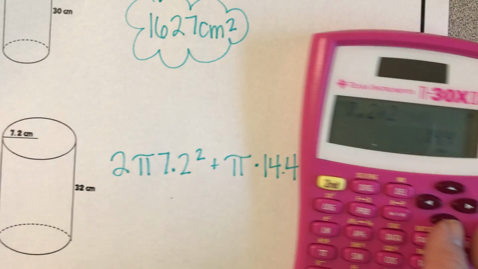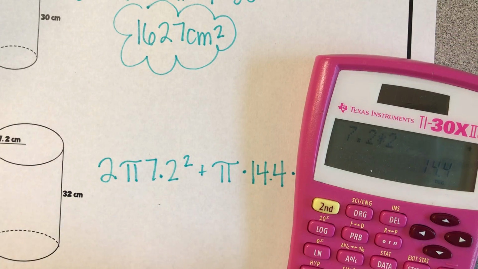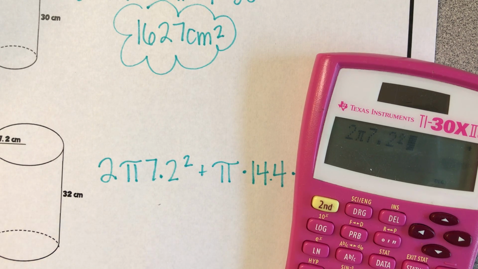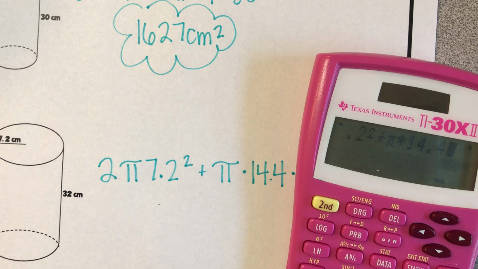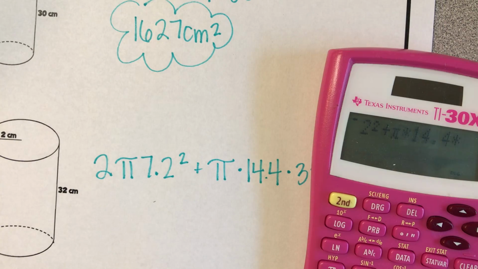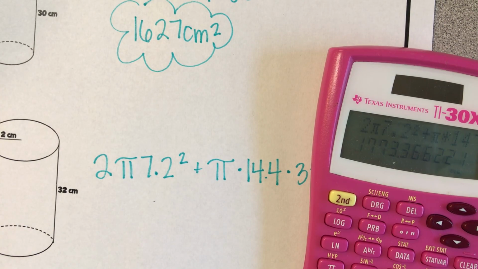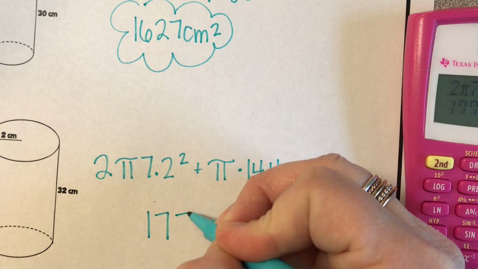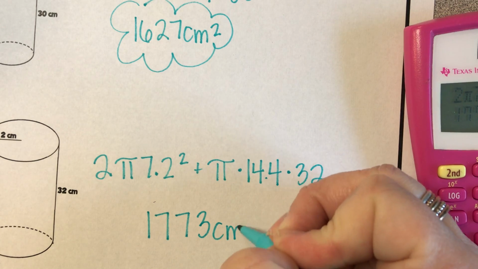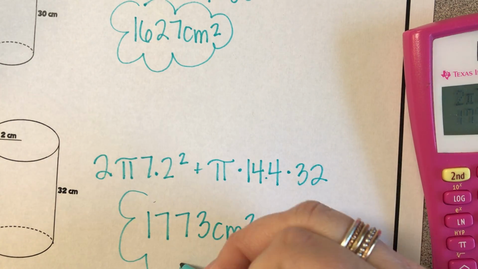So now I can type into my calculator 2 pi 7.2 squared plus pi times 14.4 times the height, which is 32. And I get 1773.3. Is this 3, 5 or more? No. So it's going to stay 1,773 centimeters squared.